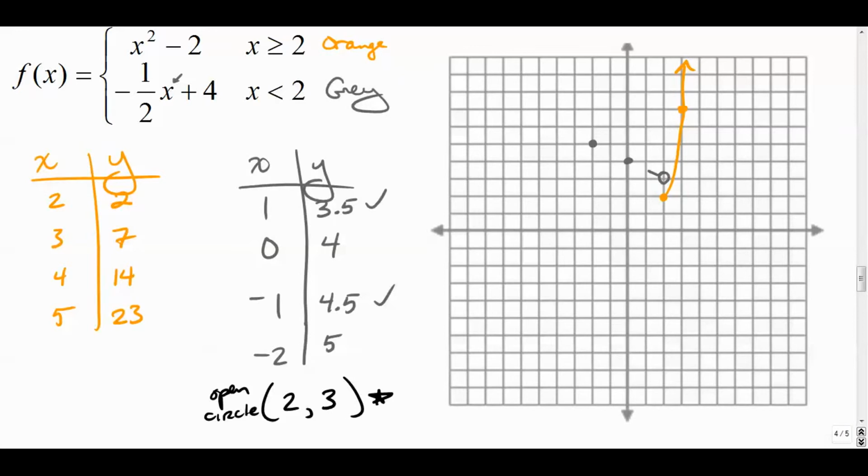So I'm just going to connect these dots the best I can and put an arrow on there. Again, a discontinuous function. There's a lack of continuity right here, the disconnect. Domain is everything, and the range goes from positive to infinity.